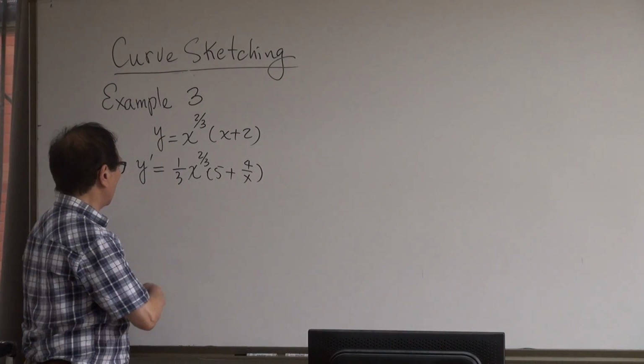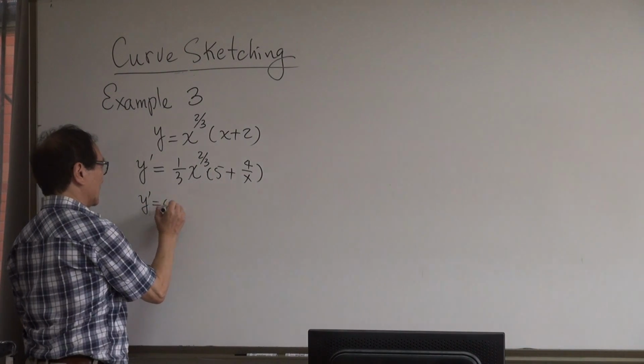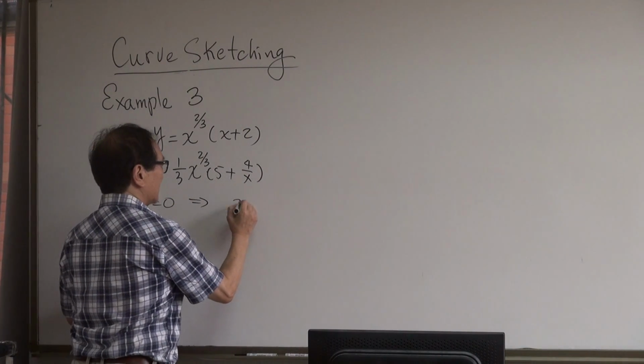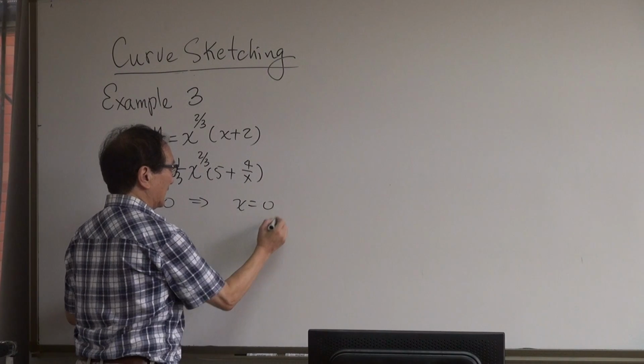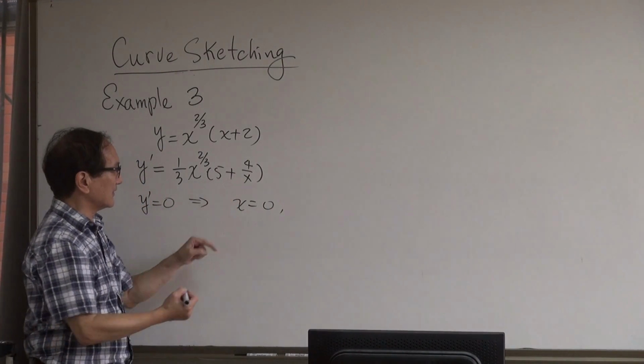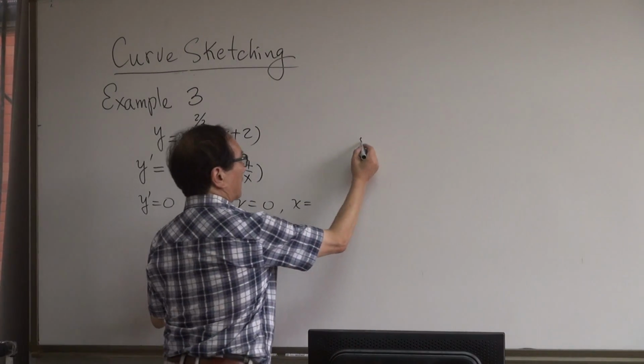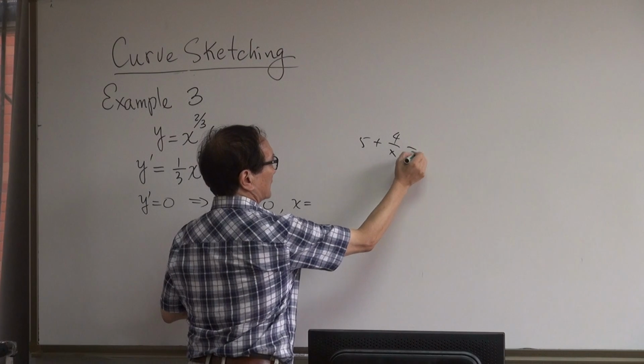Now, alright, so let's see. This one equal to 0 implies x equals 0, right? And this equal to 0. So what is this? 5 plus 4x equals 0, right?